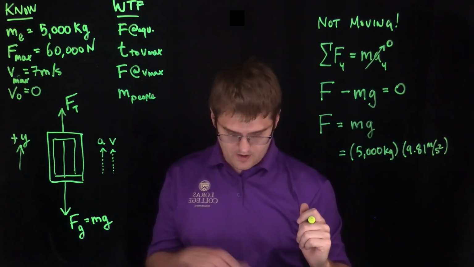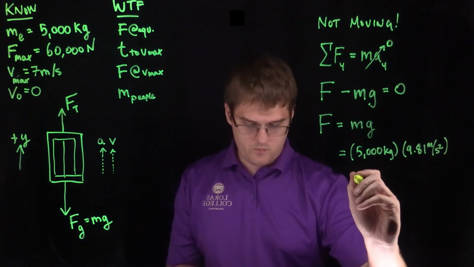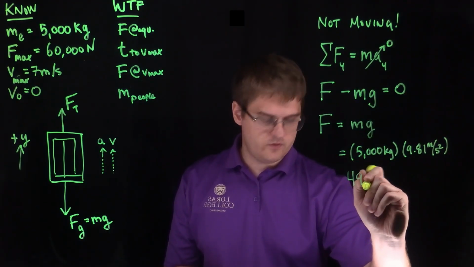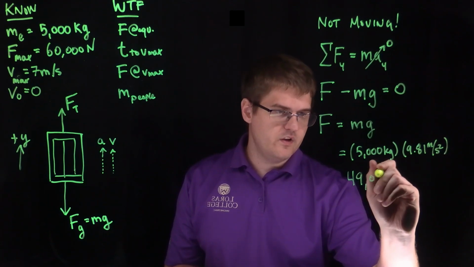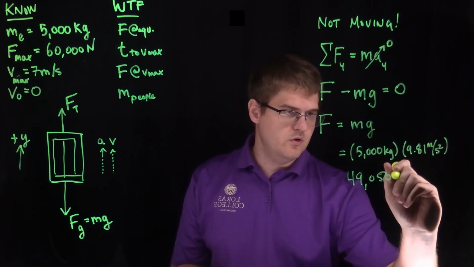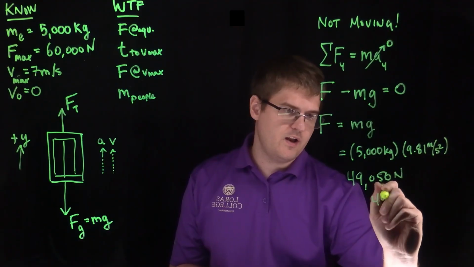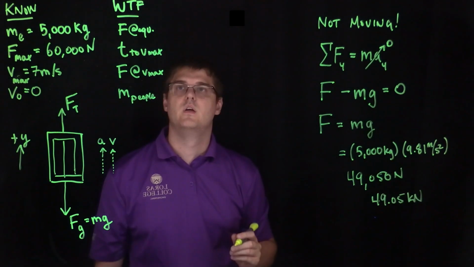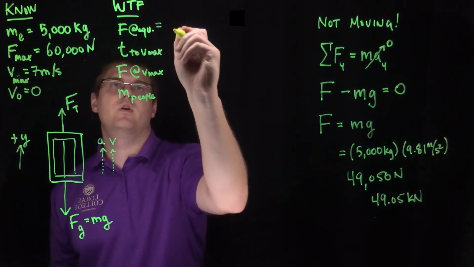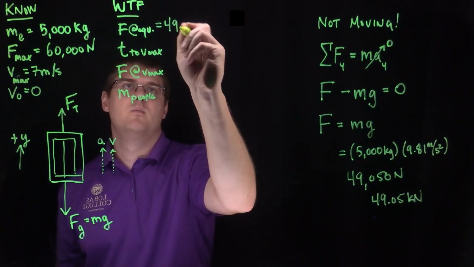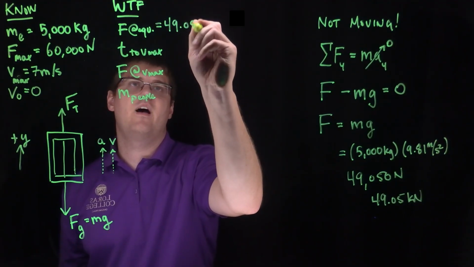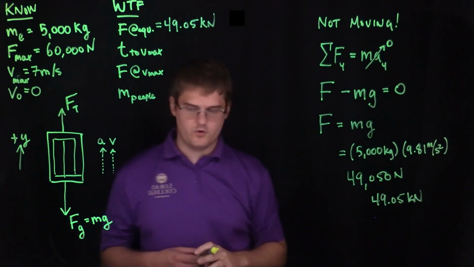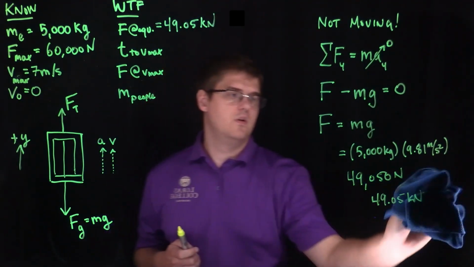So 5,000 times 9.81 is 49,050 newtons, or 49.05 kilonewtons. So force at equilibrium is 49.05 kilonewtons. First problem solved.